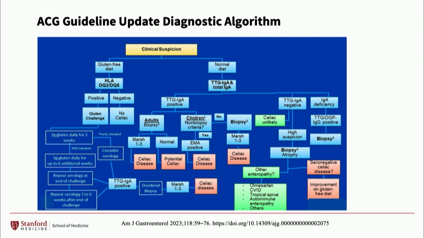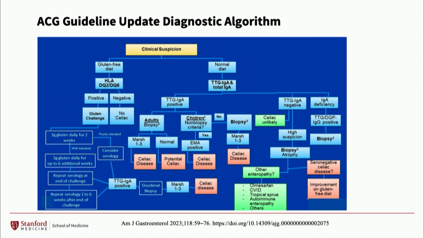But the bottom line is that if the serologies are positive and there is clinical suspicion for celiac disease or intestinal disease, we recommend biopsy, except right here, in children, where there's a non-biopsy criteria that has been employed in Europe and on a case-by-case basis in the United States.